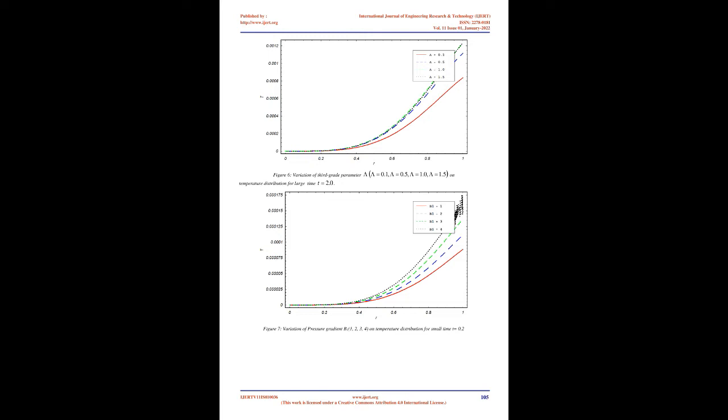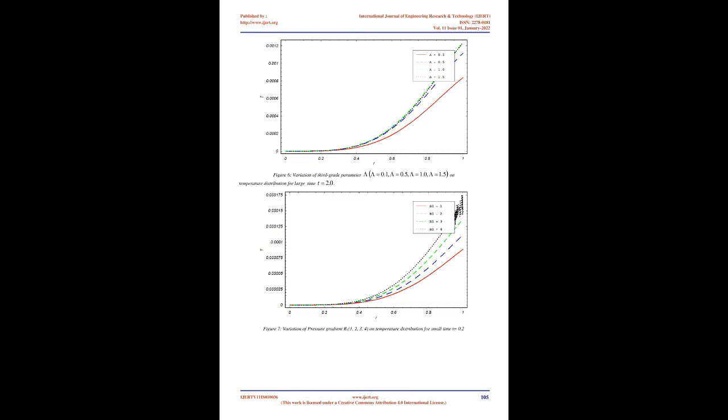Rivlin and Ericksen, 1955, Elahi, 2013, Hayat et al., 2011, Akbarzadeh, 2018, defined as equation 8, where the nabla is the gradient operator, V is the velocity field, and D/Dt is the material time derivative.